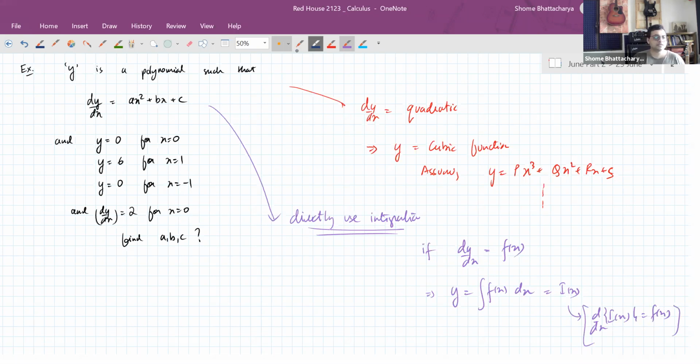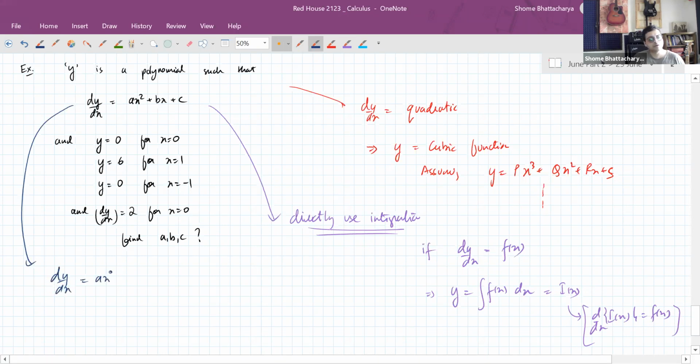So basically we'll understand this, that dy by dx is equal to ax square plus bx plus c, where a, b, and c are constants. That means y is integration of ax square plus bx plus c.